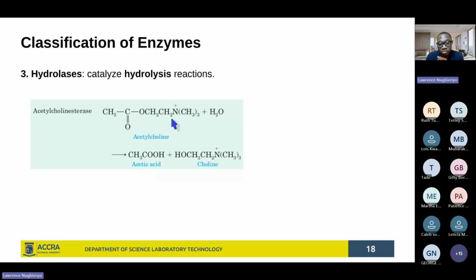This is a reaction which is involved in contraction and relaxation of muscles. So acetylcholine serves as a neurotransmitter giving signal. We'll look at some practical application of this reaction.